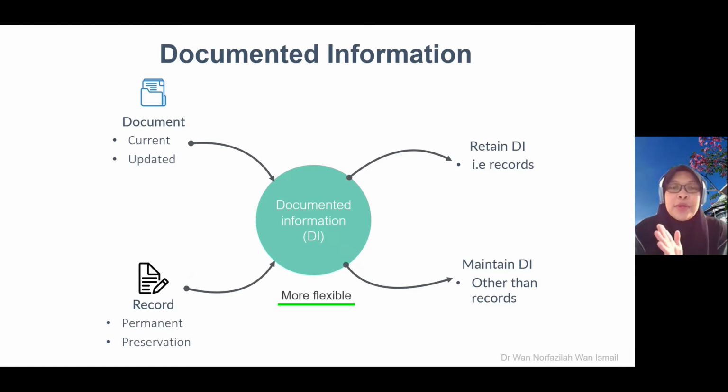If he sticks with the previous version of the 9001 standard, dia kena tulis, paparkan dekat mana-mana. Kalau auditor datang tanya employee, you tahu tak objective of your company?